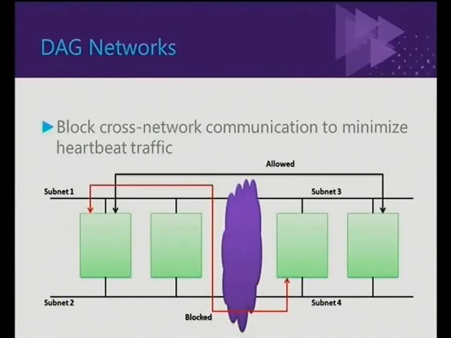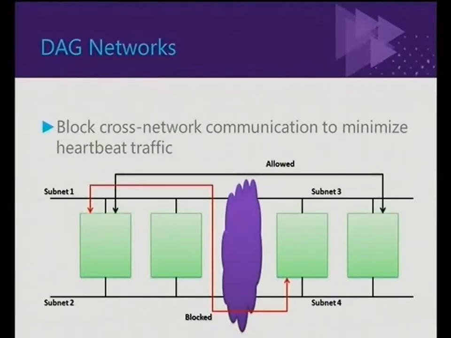We don't want, for example, heartbeat traffic to go from the MAPI network on one server to the replication network on another server, or from replication network number 1 on one server to replication number 2 on another server. You want to do what we call blocking that heartbeat crosstalk. If you don't block the heartbeat crosstalk, that's a lot more traffic going on that you don't want and you don't need.